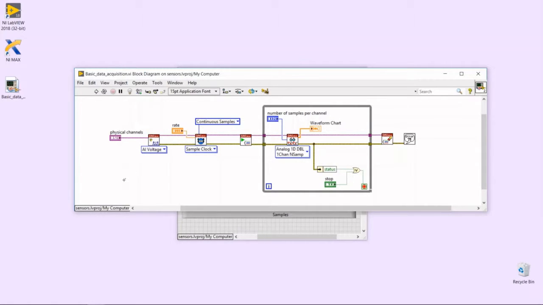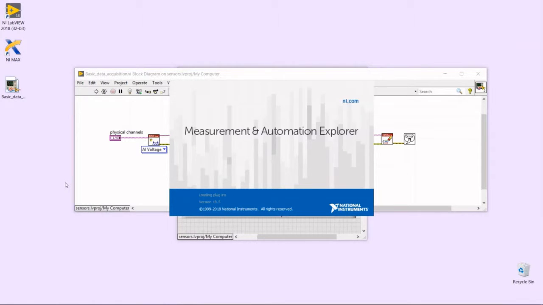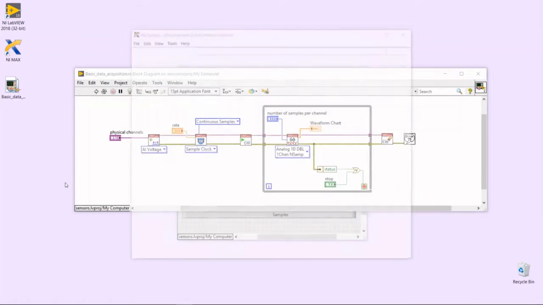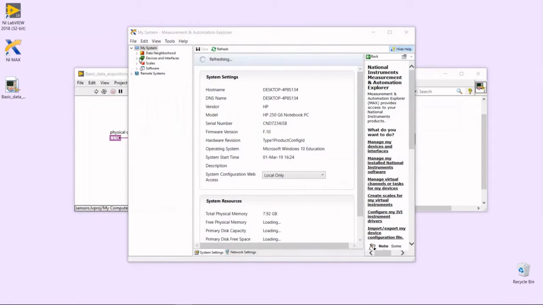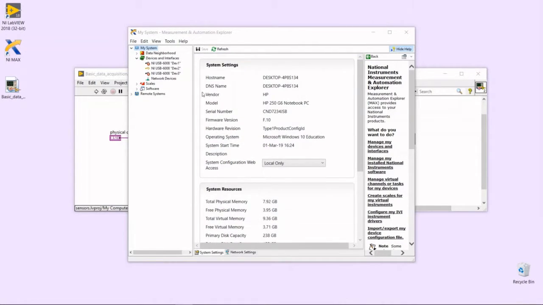Okay, before we go through that, I'm going to start the MAX so we can see the difference between real and simulated AD card. In devices and interfaces, we can see which cards are simulated, which cards are connected, and which are not connected.